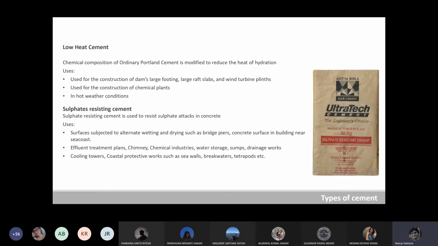Then comes low heat cement. The chemical composition of OPC is modified to reduce the heat of hydration. We all know that when the hydration reaction happens, it creates a particular amount of heat.